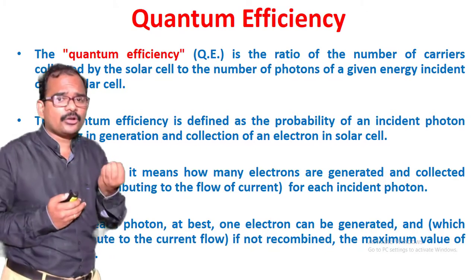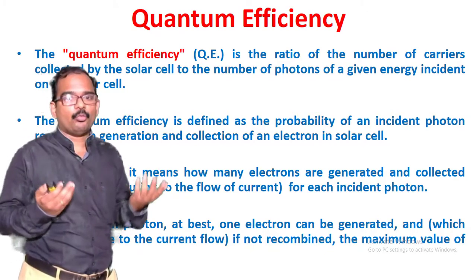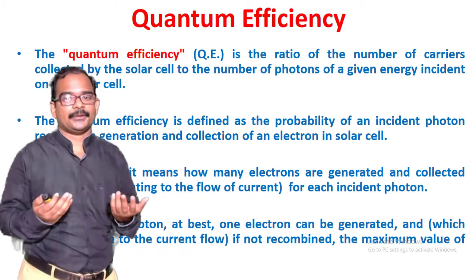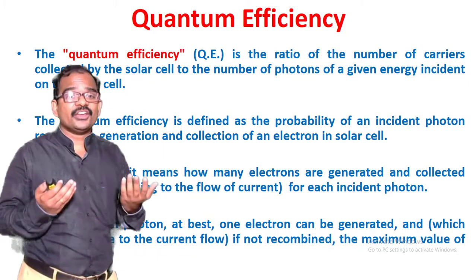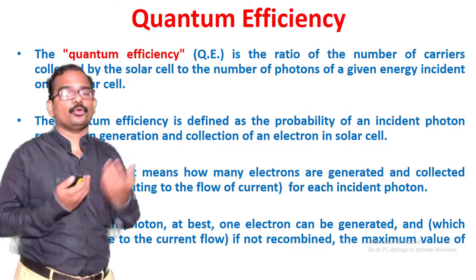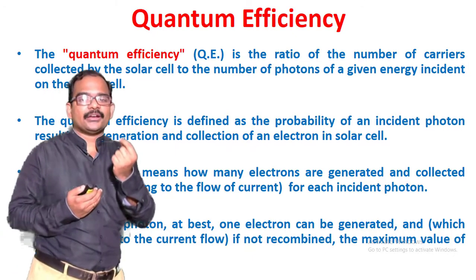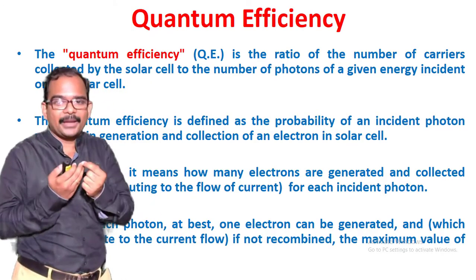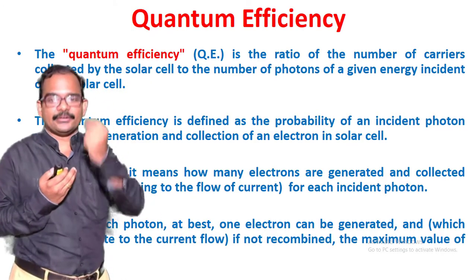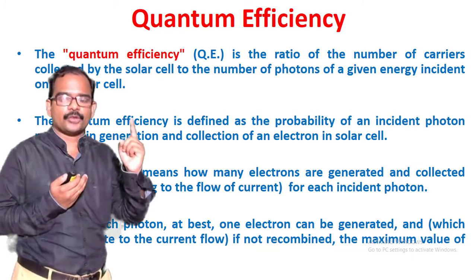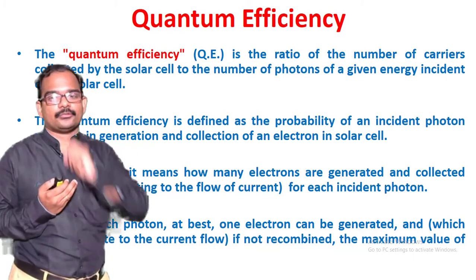Since for each photon, at best, one electron can be generated and which can contribute to the current flow, if this electron hole pair is not recombined, it will contribute to the current flow. That is, for every one photon, we will get one electron.